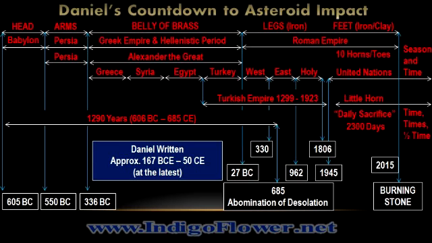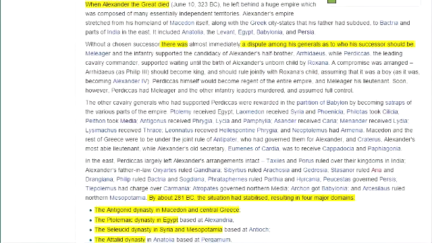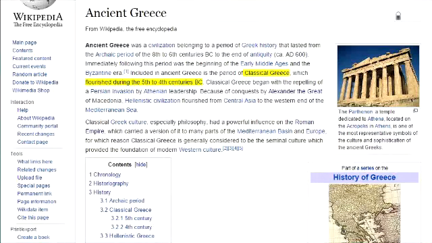However, as we've discussed before, each of those 4 kingdoms, the Antigonid dynasty, the Ptolemaic dynasty, the Seleucid dynasty, and the Attalid dynasty all correspond to major empires. The Antigonid dynasty in Macedon and Greece represented the ancient Greek Empire.